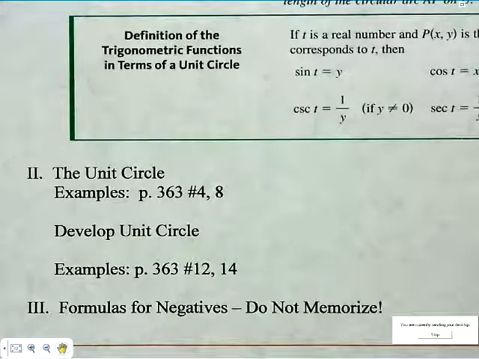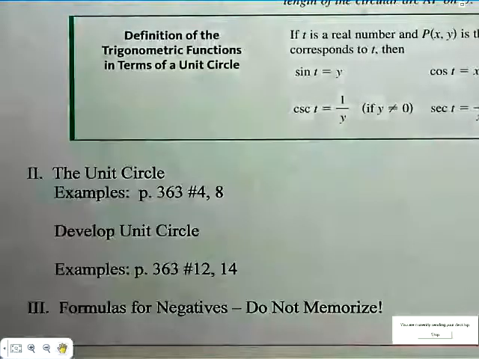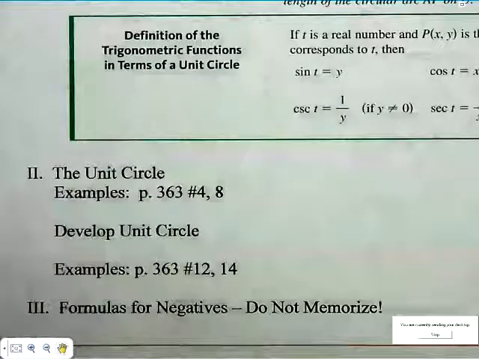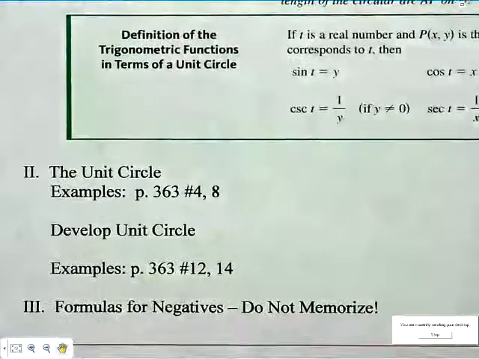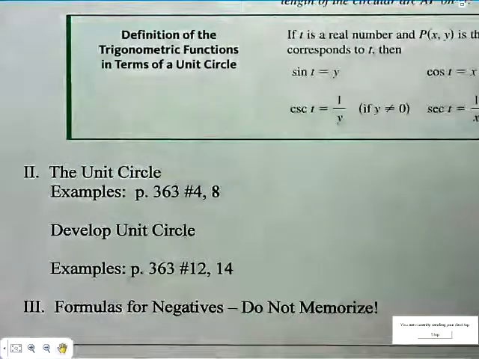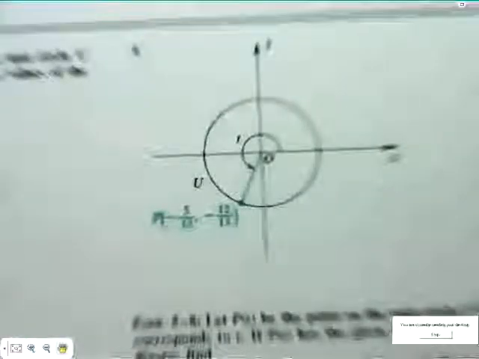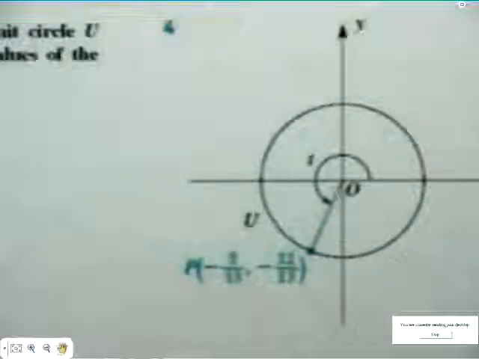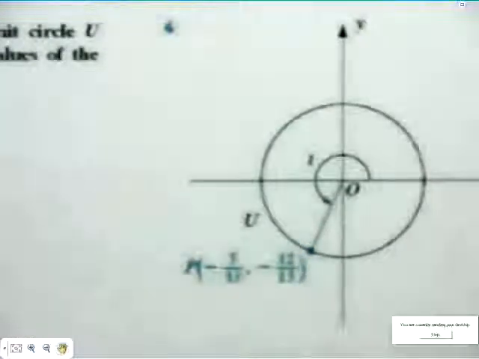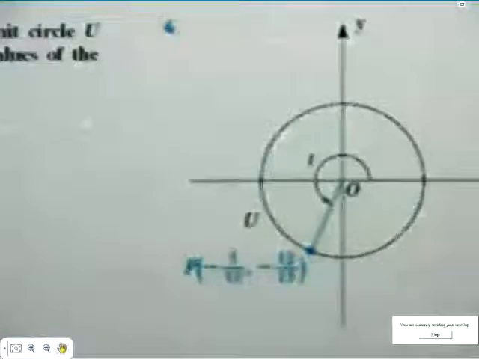Let me see page 363, number 4 and 8, what I wanted to tell you about those two. And then we'll work on our unit circle. I'm not even going to write down number 4. Number 4, you're just asked to find the values of the trigonometric functions at some real number t.